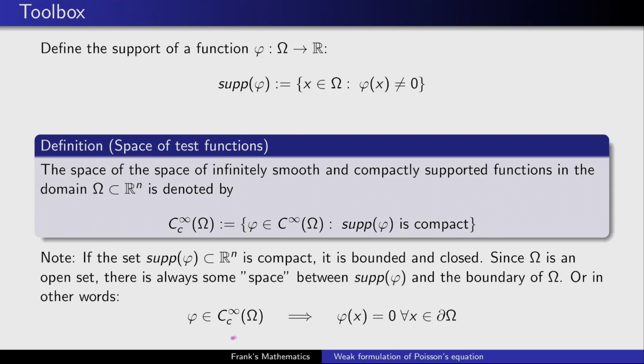Or to put it in other words, if you have such a test function, then this test function can be continuously extended to 0 on the boundary. And this is a very useful property, and we will see this in the analysis later on. We will make heavy use of this. So this is all I want to say about the space of test functions.